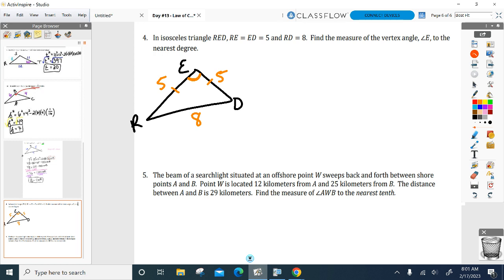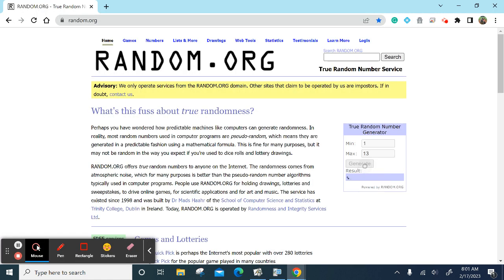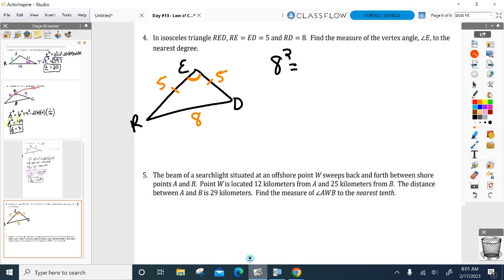The 8, good work, because it's across from angle E, which I'm finding. So that's why I picked 8 squared equals, here we go, other two sides. 5 squared plus 5 squared minus 2 times 5 times 5 times cosine E, right?